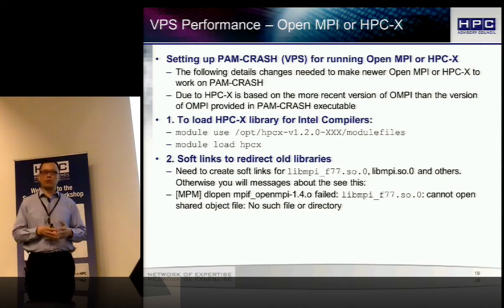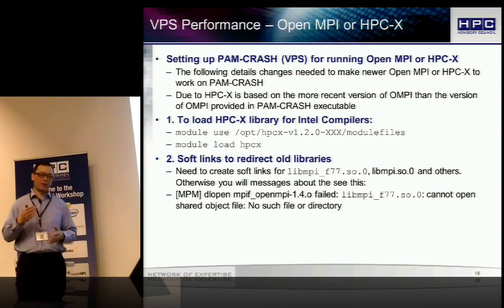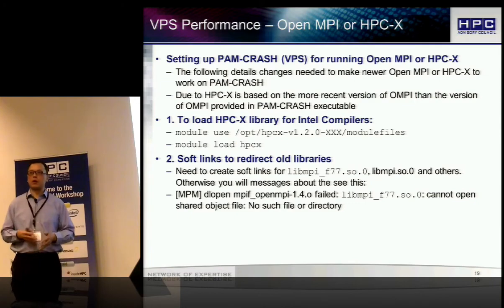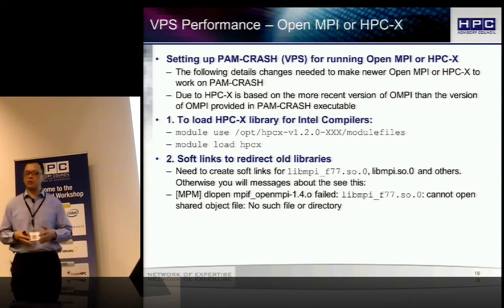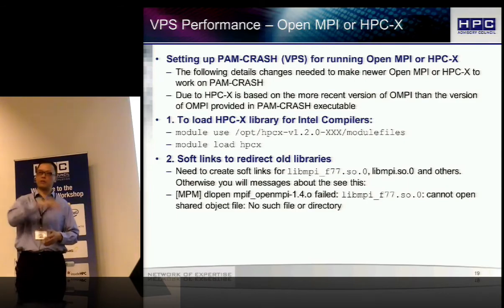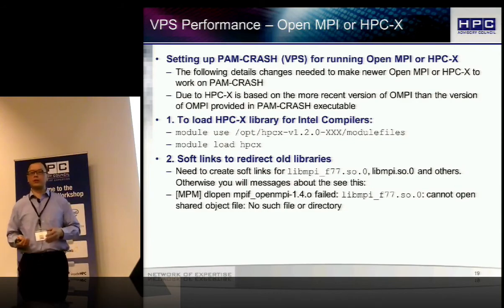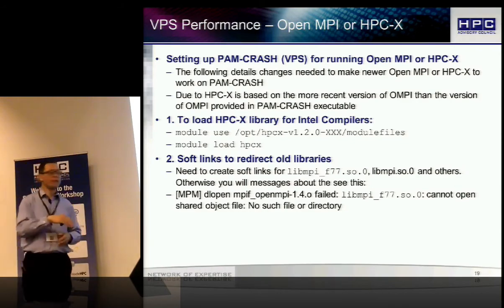It has support for platform MPI and OpenMPI. The Pam Crash executable for OpenMPI comes at a much older version. It supports OpenMPI 1.4.